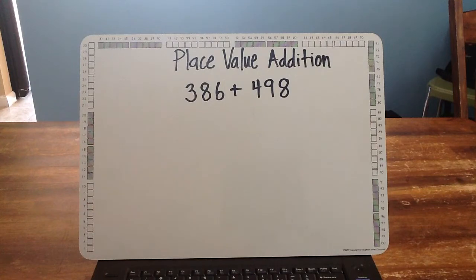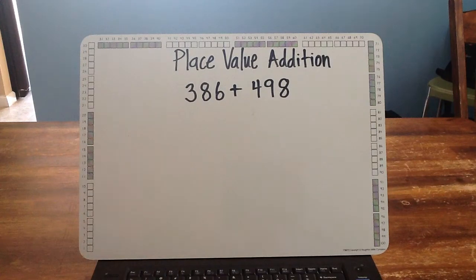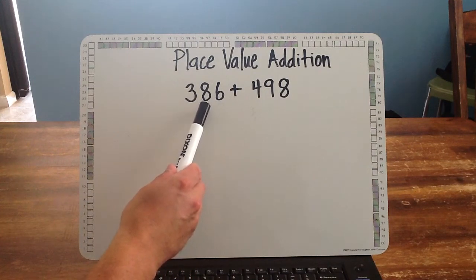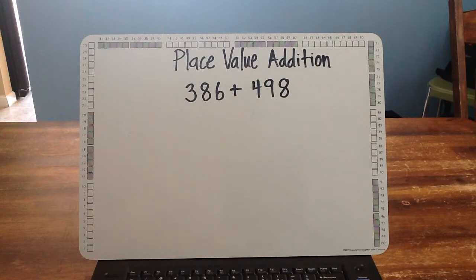So again, I'm going to look at my number 386. I know that 386 is made up of 6 ones, 8 tens or 80, and 3 hundreds or 300. So like I've done in the past, I will have my students decompose these numbers up into base 10 drawings.